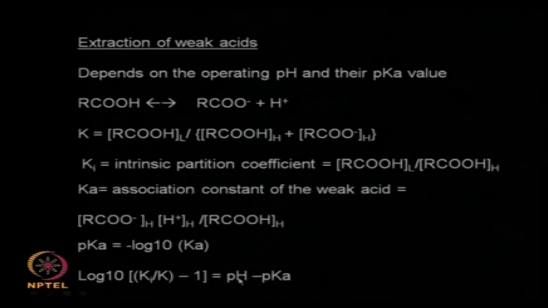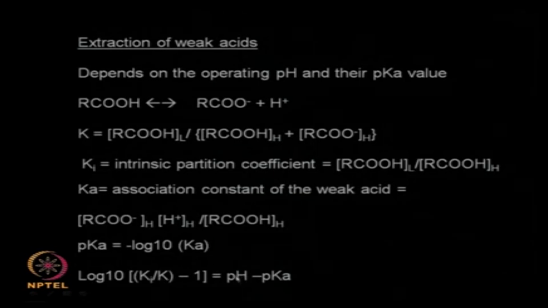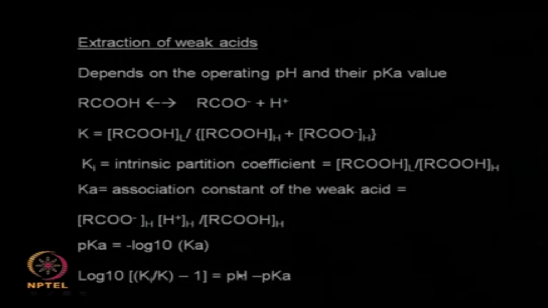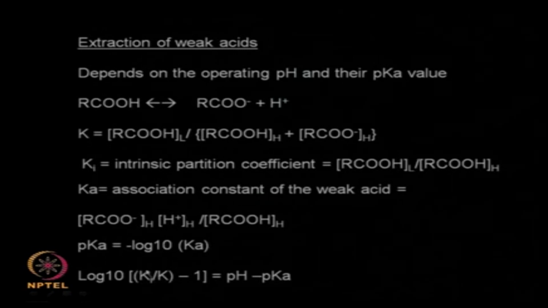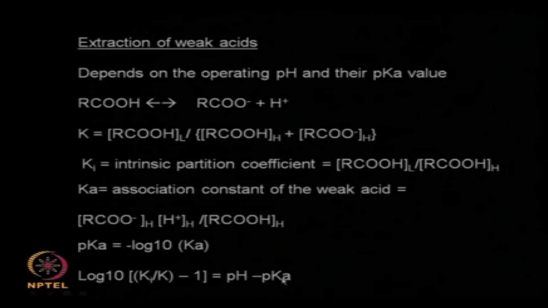I know at 2 different pH what is my K value, so I can calculate Ki and pKa from those 2 equations. So once I calculate, at pH of 7 I can calculate what will be my K value, very straightforward.